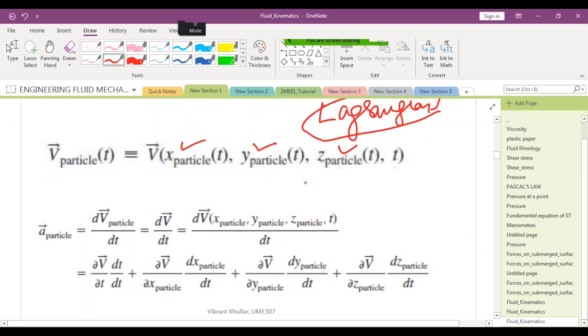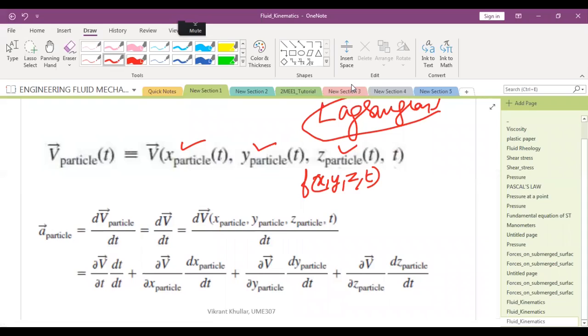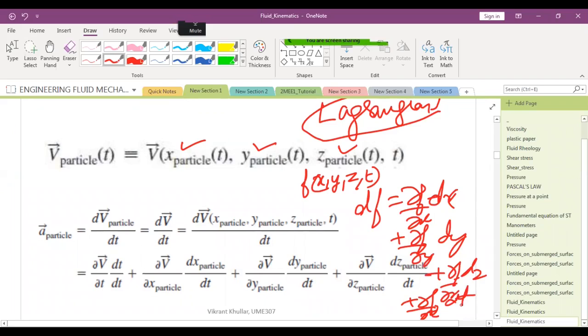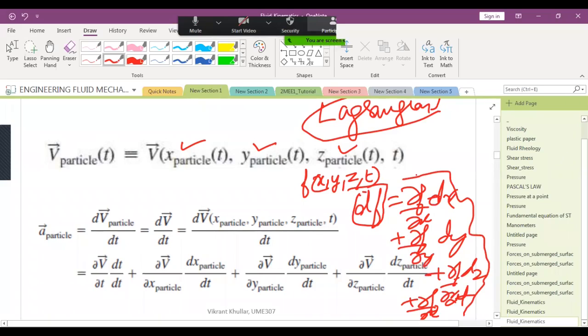So if f is a function of x, y, z and t, then you can define df as curly f by curly x dx plus curly f by curly y dy plus curly f by curly z dz plus curly f by curly t dt. So you can define the small change in function in this format. This is what you have learned in your differentiation.